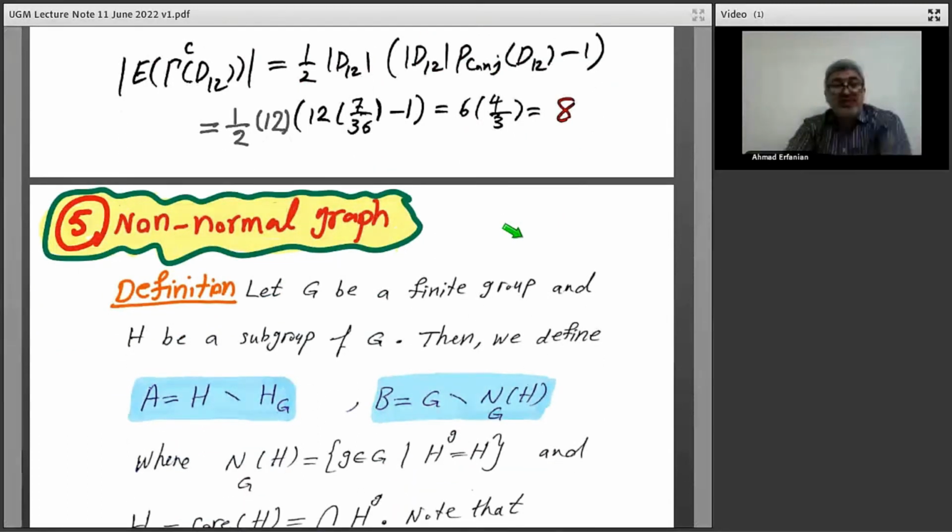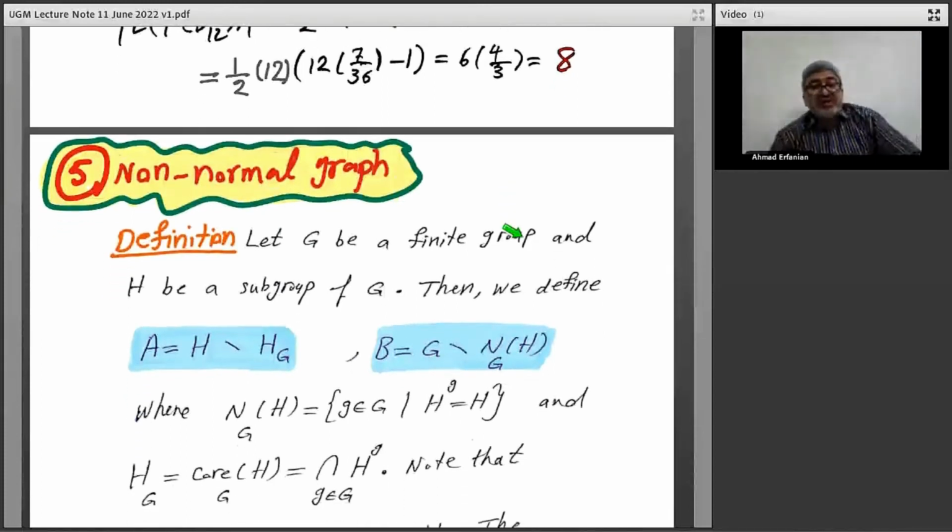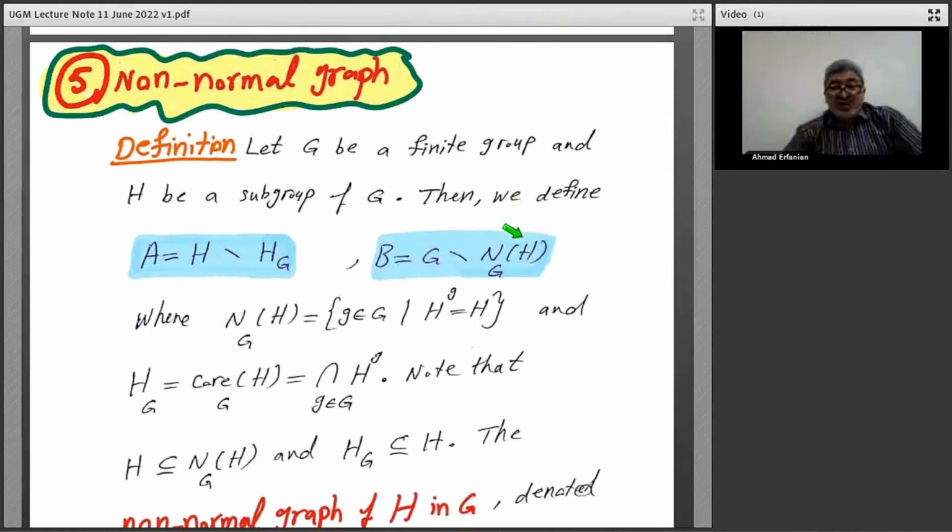Now let me move to another graph, which is called the non-normal graph. This graph is a bipartite graph. Bipartite graph means we have a graph consisting of two parts.